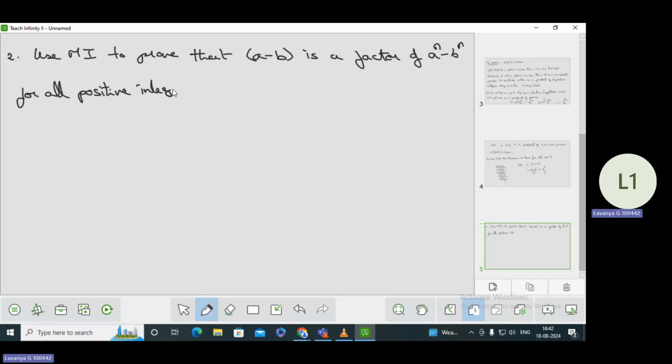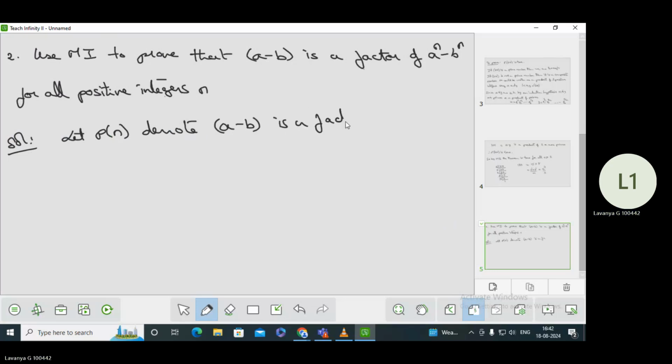Solution. Let P of n denote that A minus B is a factor of A power n minus B power n.